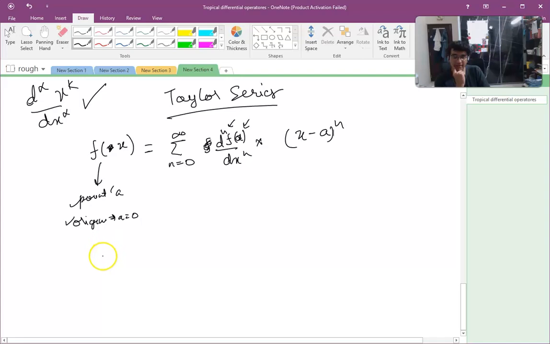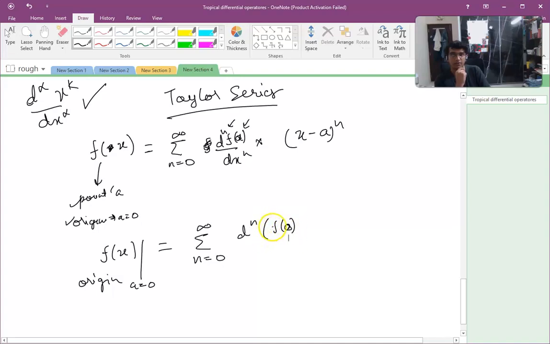For simplicity's sake, let's just say a equals 0, the origin, and let's take this as our function: the sum of dn f of 0 divided by dxn, times x to the power of n. Now using this, I wonder if it's clear, but if it isn't, this is the part where I will write.